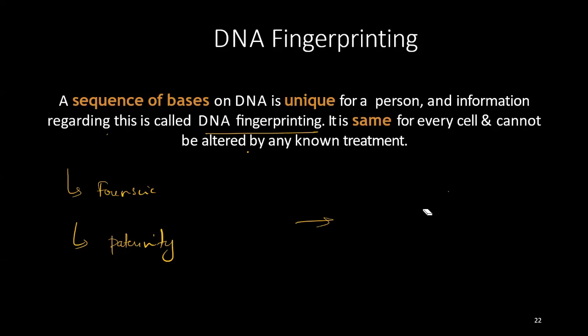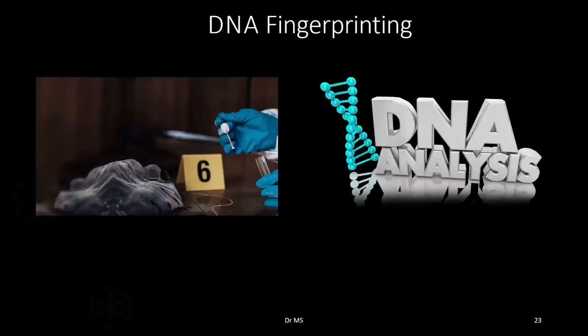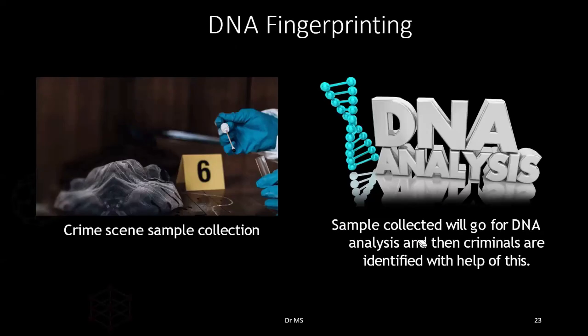At that time, for identifying the dead body, we can use the DNA fingerprinting technique. So these are the three applications where you will be using DNA fingerprinting. We collect the crime scene sample, analyze it, and find out who the suspect is by comparing the DNA between the crime scene and the suspects.